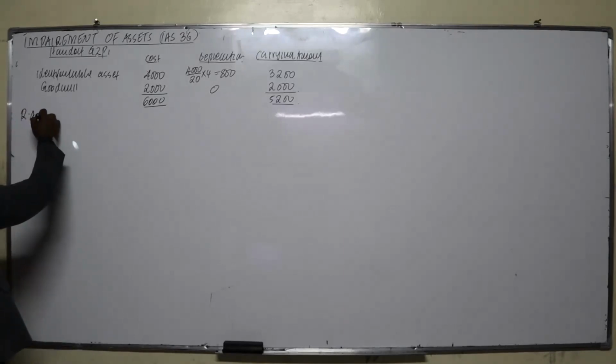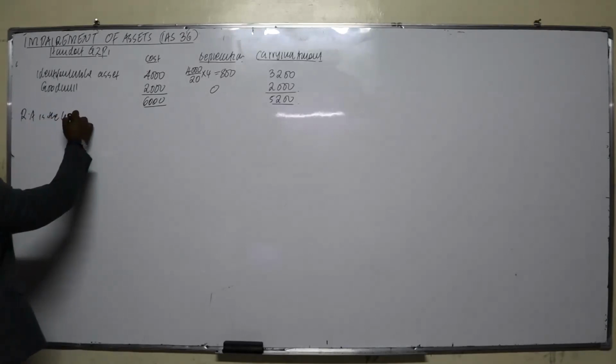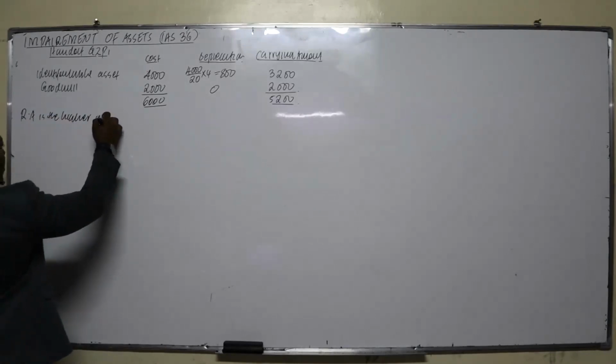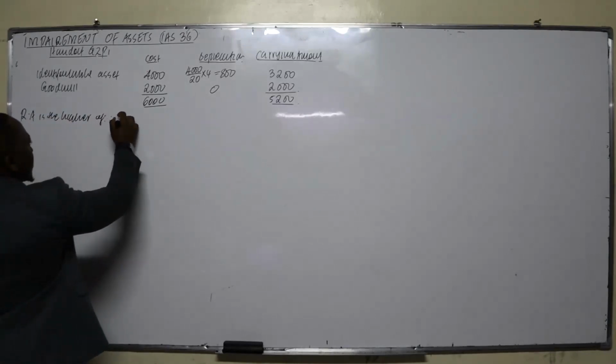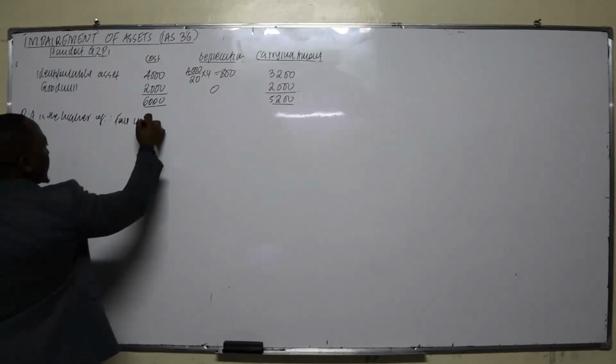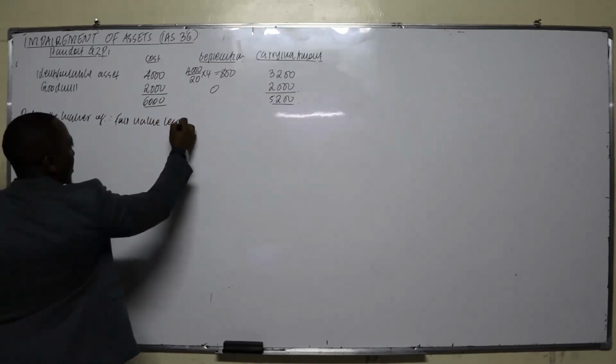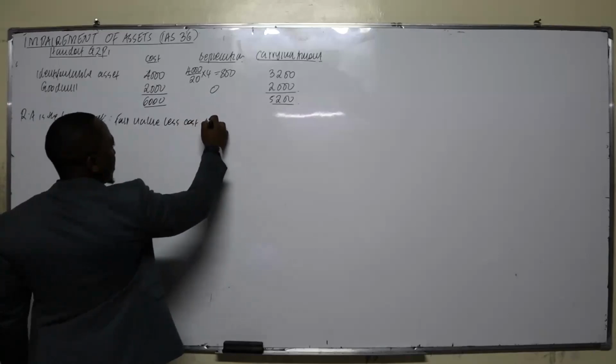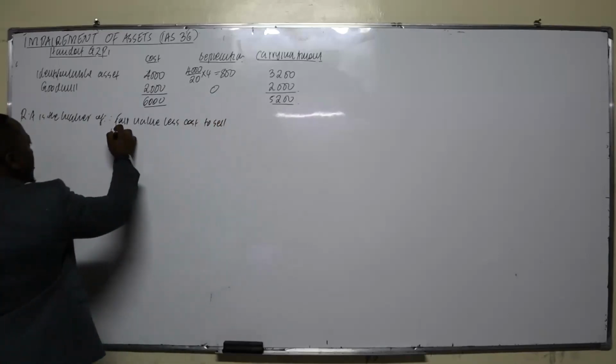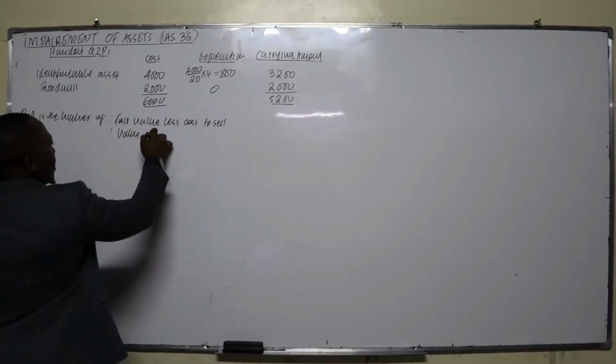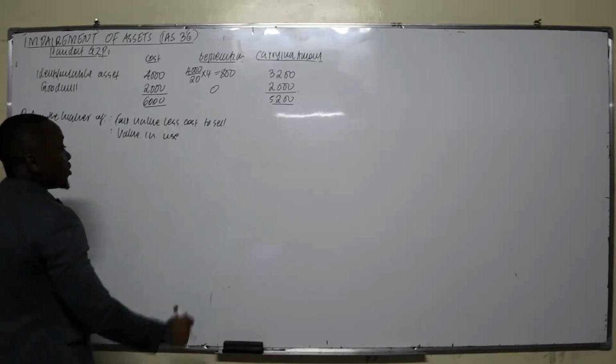Recoverable amount is the higher of: number 1, the fair value less cost to sell, and the value in use. And you are given both of them.